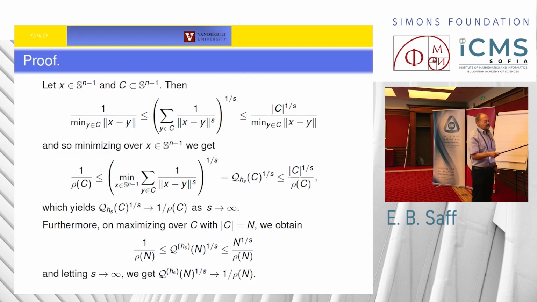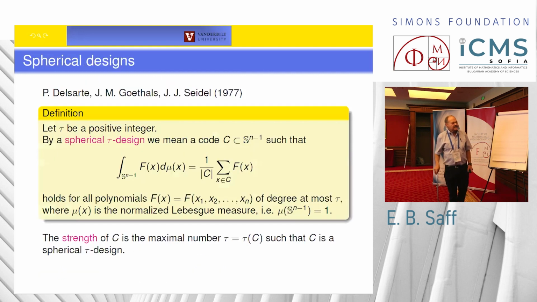Just let s go to infinity, and you see this quantity is forced to go to 1 over rho. See, an analogous argument works if we're talking about the max-min problem for a given positive integer. Okay, so it's really a triviality, but actually I need it later. The same kind of argument will turn out to be useful for a result later.